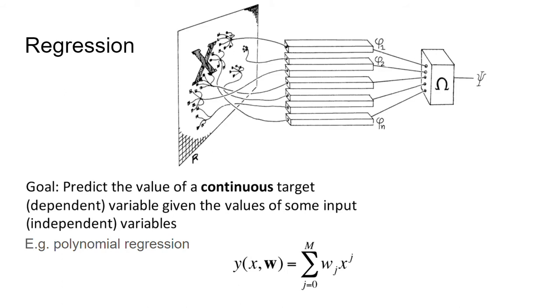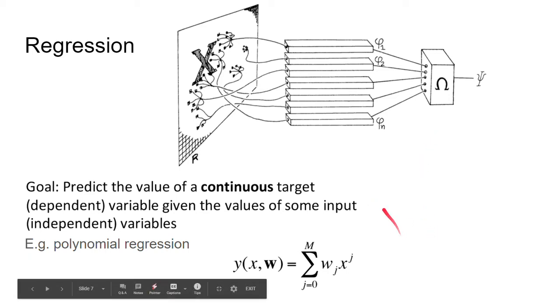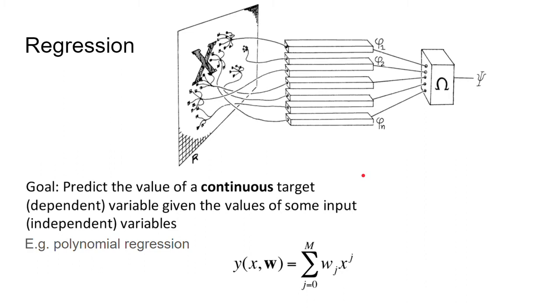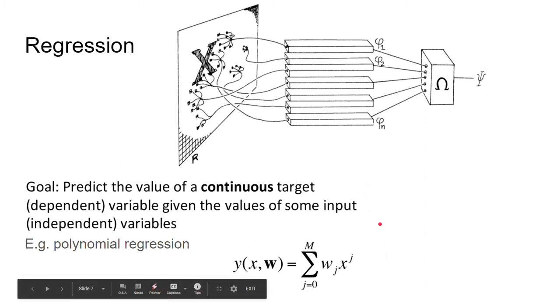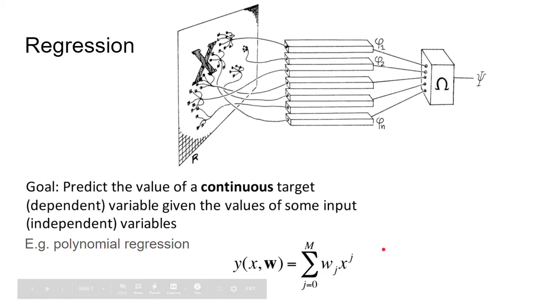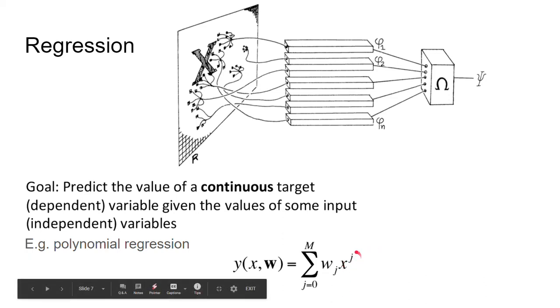This is a really weird way of depicting regression. Say I've got some arbitrary function that maps some input x to some output y. What I'm going to do is have some way of breaking down this function into smaller components.